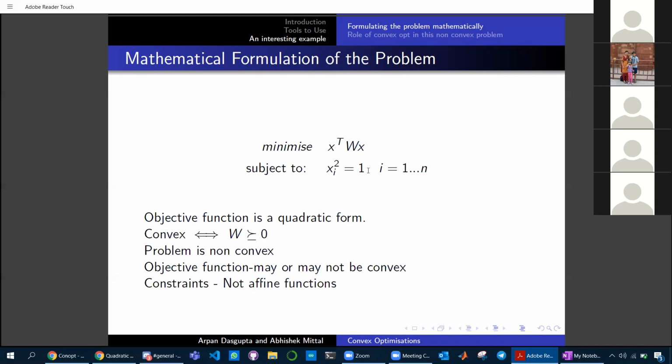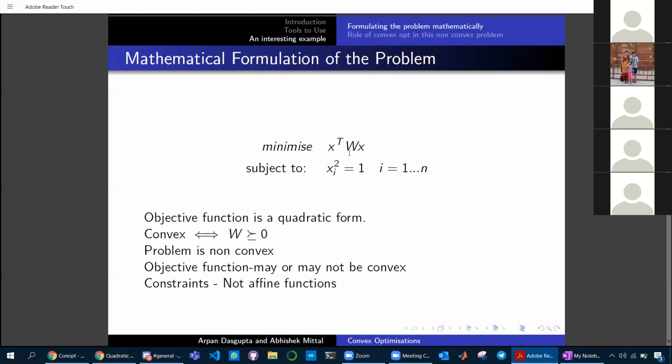So there are two options in front of us now. We can either try to convexify this problem by some kind of manipulation, or we can use the lower bound property of the dual function to get an approximation, or to extract some kind of information about what the actual optimal value would be.